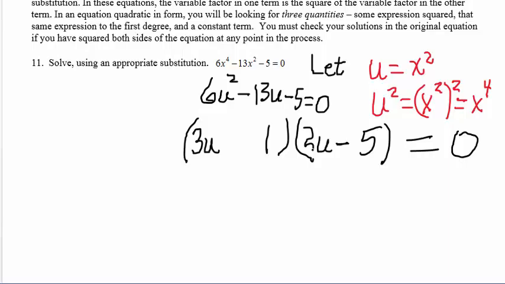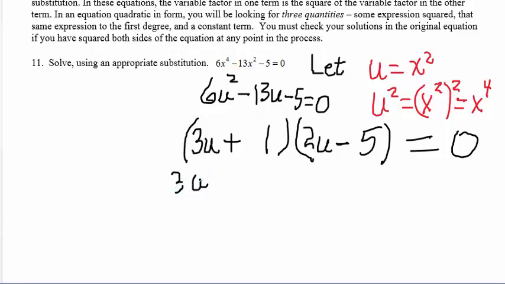And if I make this 5 negative and this 1 positive, I'll have what I need. 3u times 2u is 6u squared. 3u times negative 5 is negative 15u plus 1 times 2u, which is 2u. So negative 15u plus 2u is negative 13u. 1 times negative 5 is negative 5.